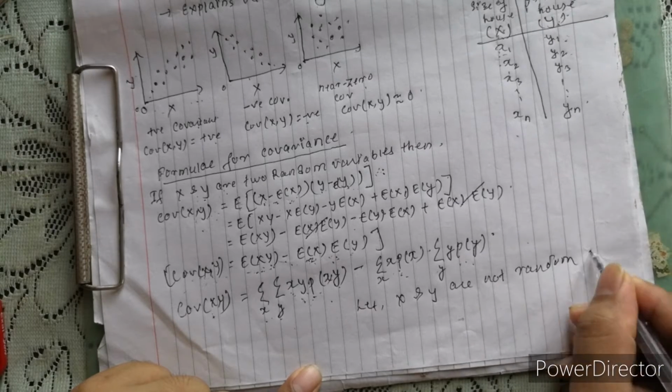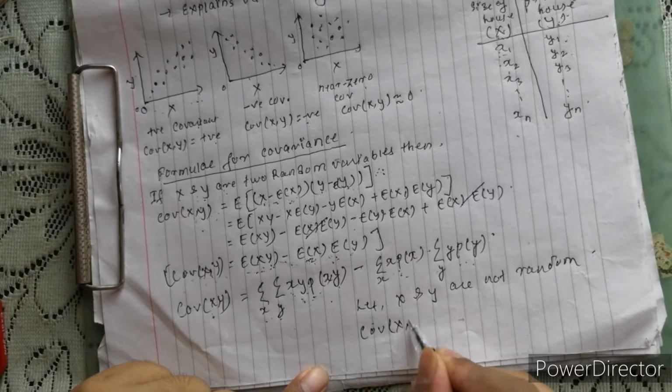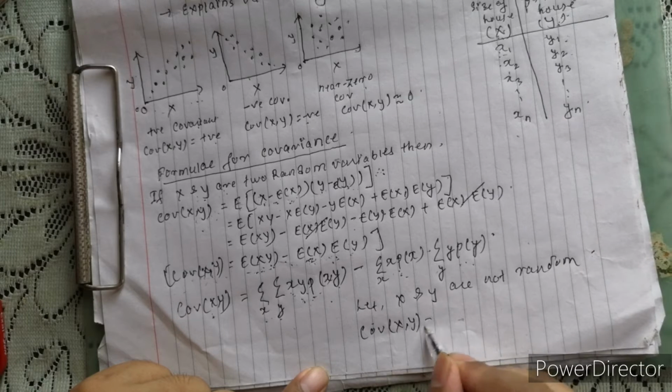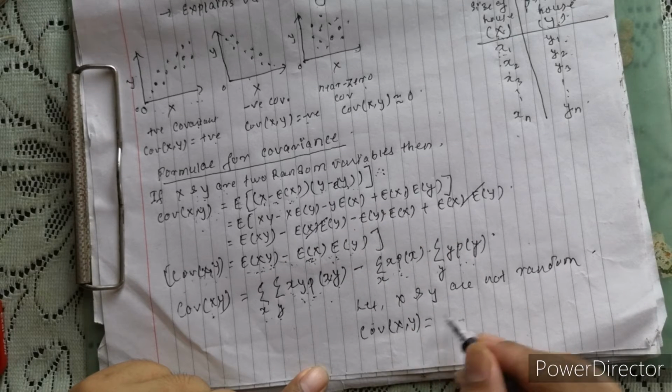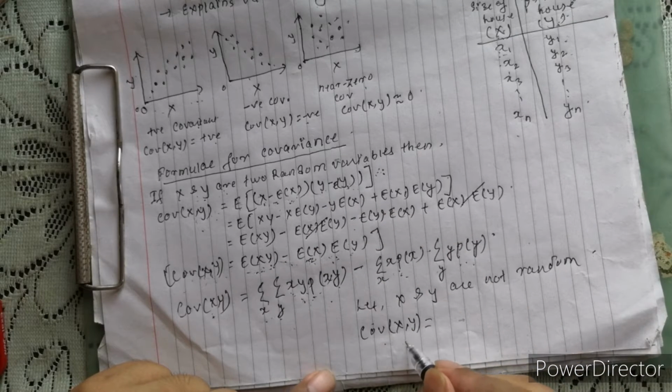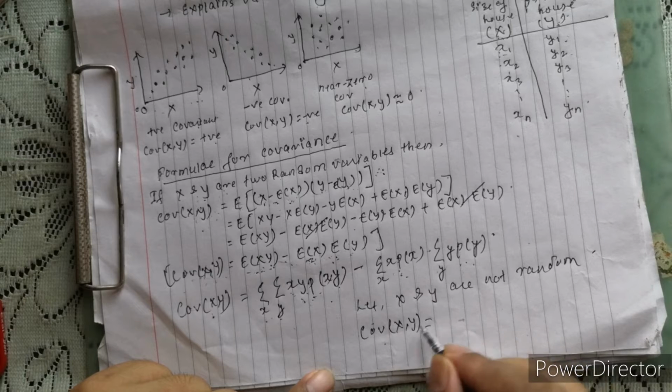So we have only substituted the corresponding formulas of the expectation here. With this formula we can calculate the covariance between the two variables x and y when x and y are random.